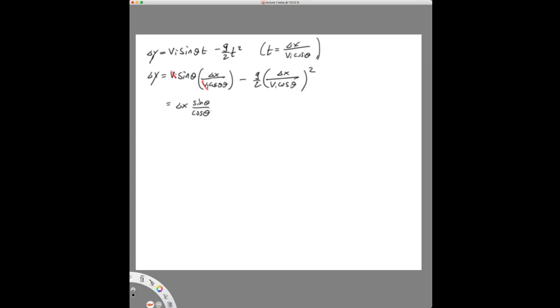And there's a trig fact about sine over cosine that you may or may not know. I'm going to guess most of you don't know it. But it turns out that sine of theta over cosine of theta is equal to tangent of theta. Okay? Sine of theta over cosine equals tangent.